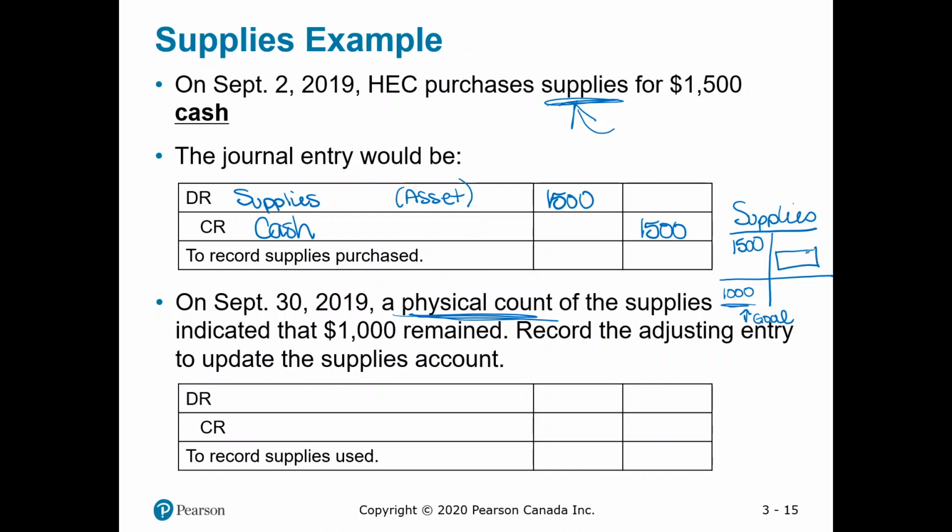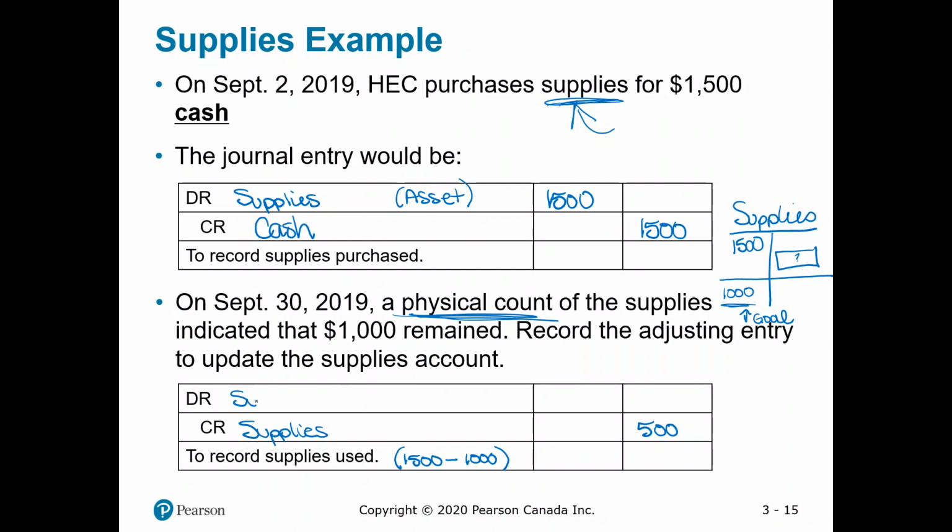So it's going down, so clearly we need to credit supplies to adjust it. So our credit in this entry will be to supplies. And if we take the $1,500 minus $1,000, we know we need to decrease it by $500 to get to that goal of $1,000 that we're left with.